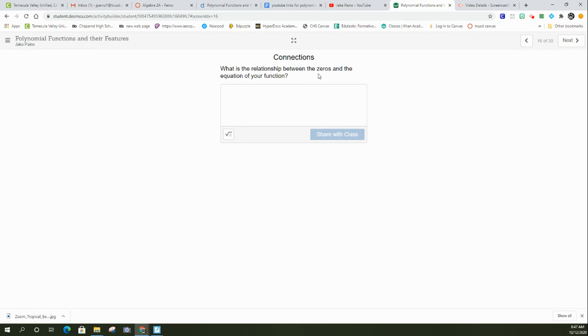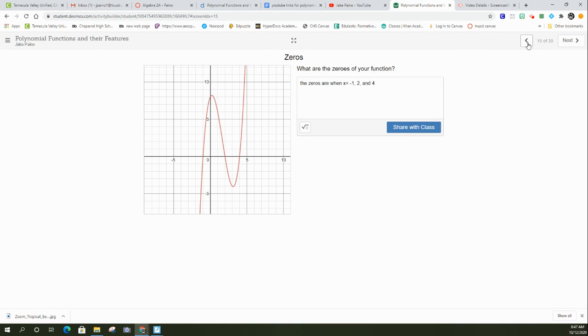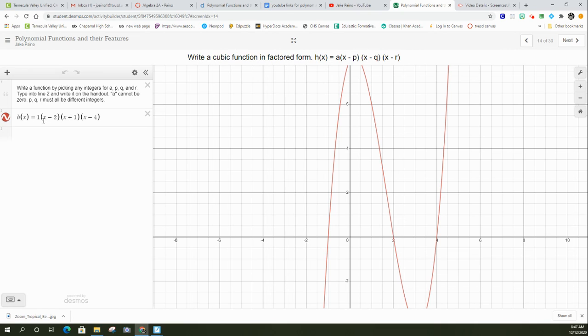What is the relationship between the zeros and the equation of your function? So again, if I come back to my equation, look at my factors, x minus 2, x plus 1, x minus 4. My zeros are 4, 2, and -1.